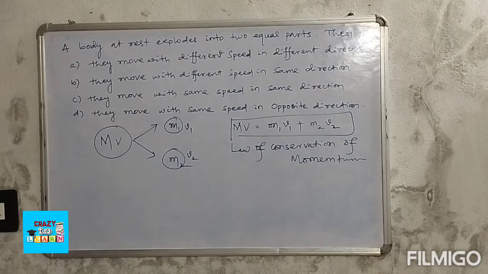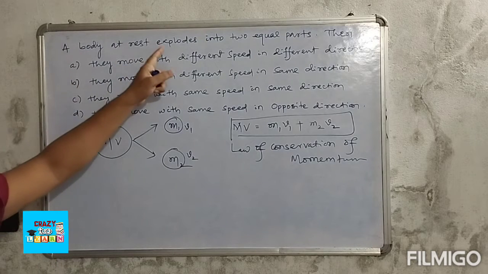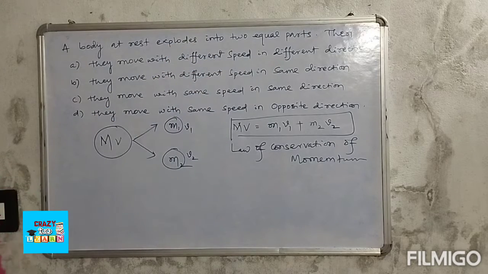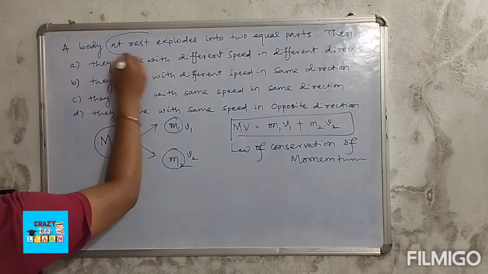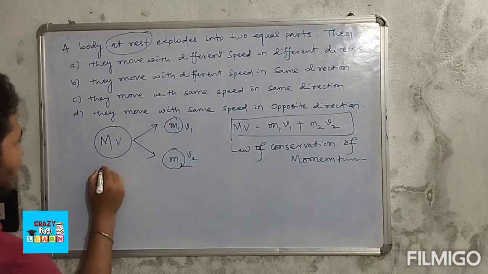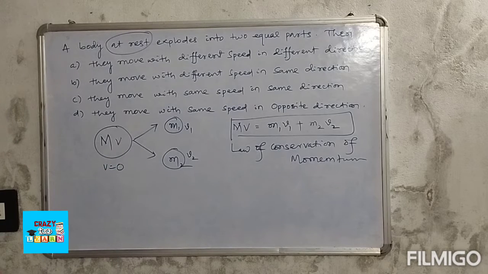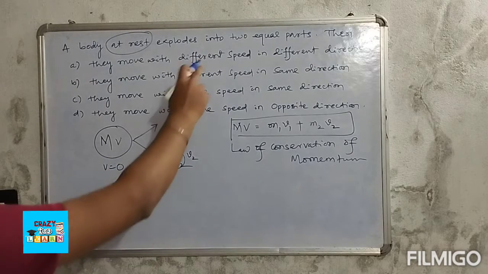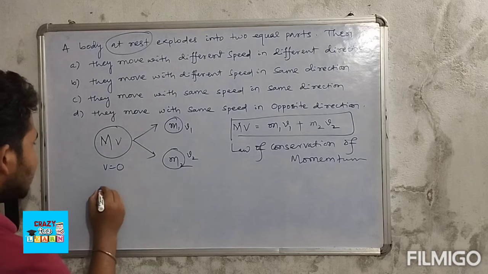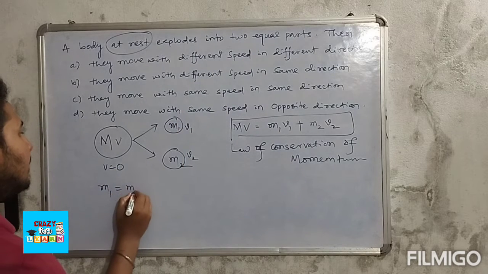But here something different is given. A body at rest explodes into two equal parts. A body at rest means capital V is equal to 0, and two equal parts means m1 is equal to m2.